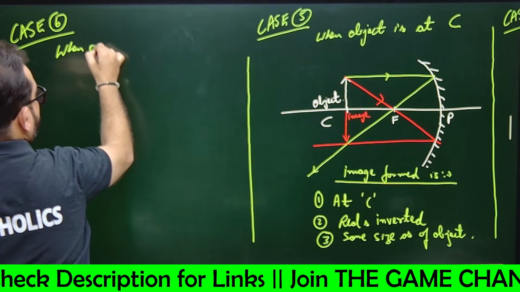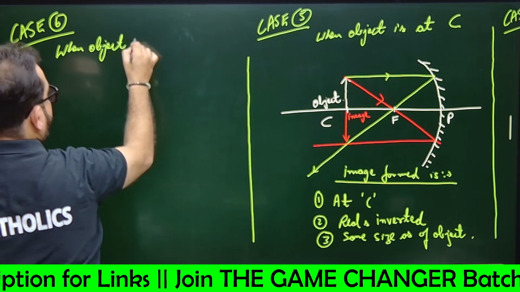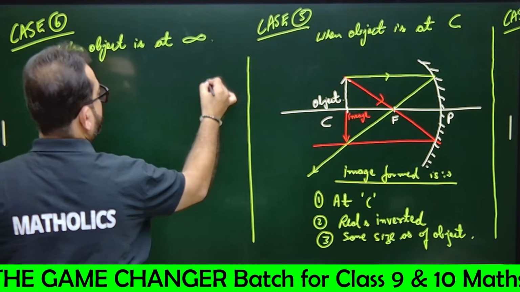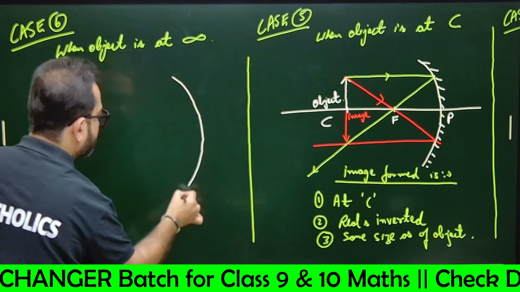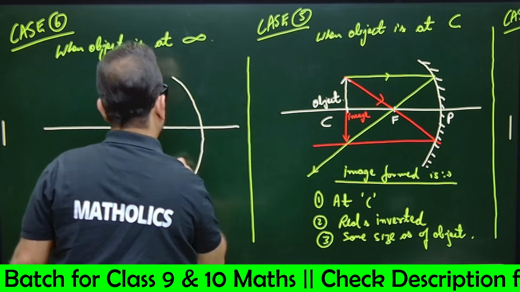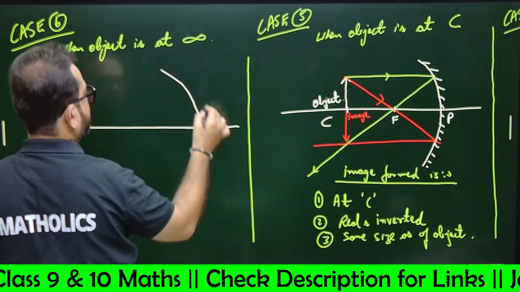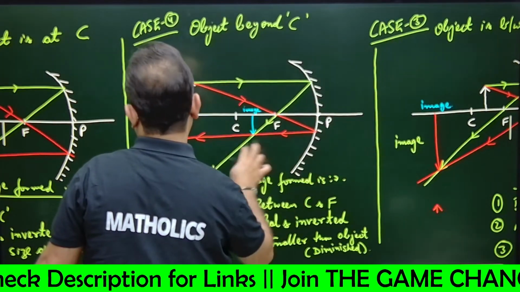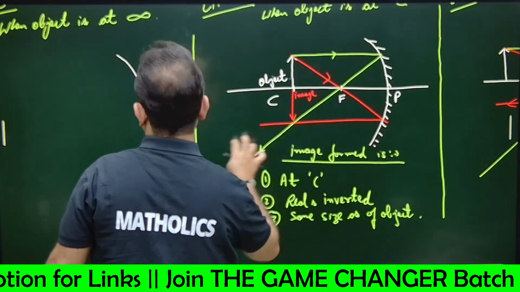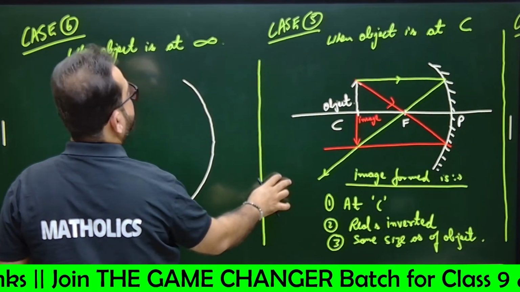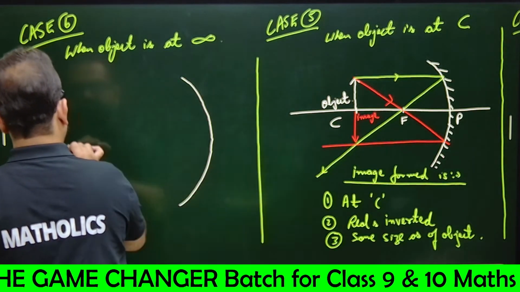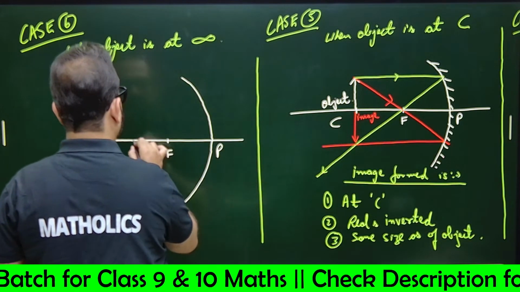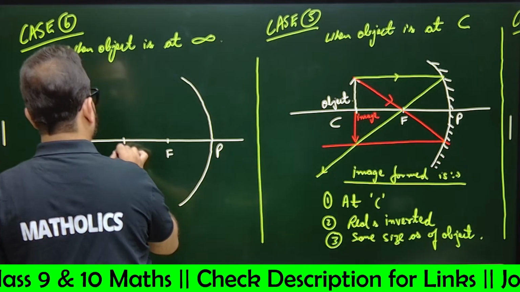When object is at infinity. This is pole, this is focus, and this is center of curvature.